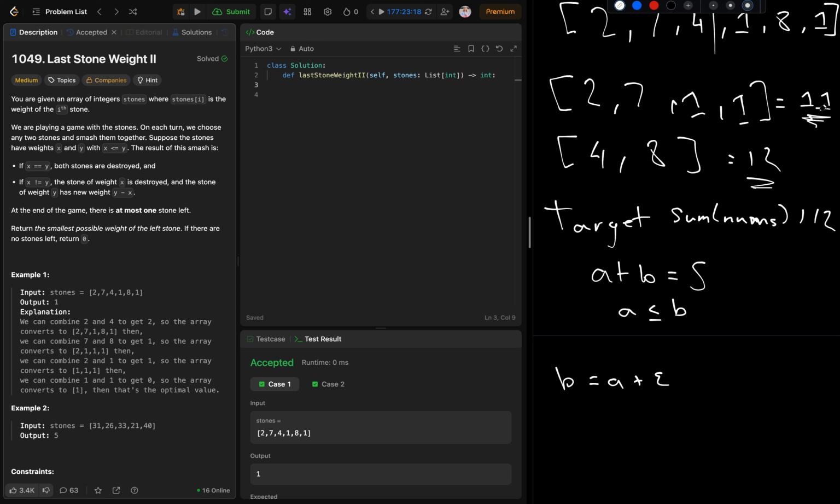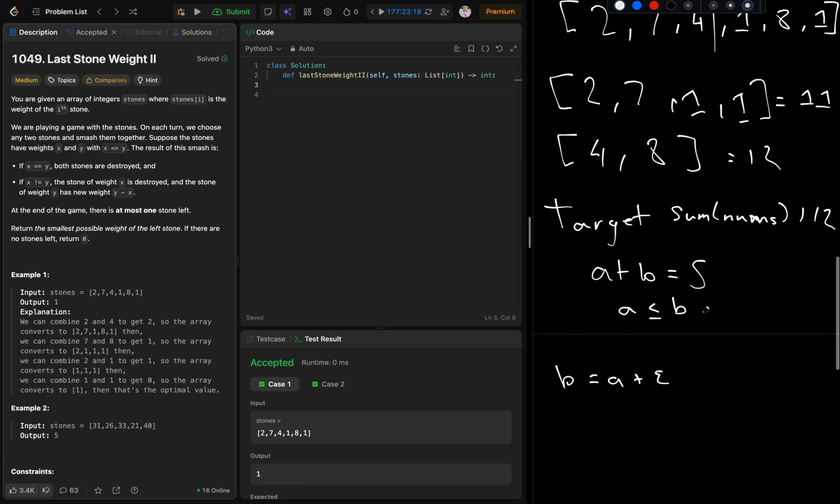Our b is essentially a plus a little bit. So we don't want to find this, because there's no guarantee that the remaining bit of the list is... actually, I think it would work. I'm not too sure, I have to think about it, but that's why we did the integer division. It's just rounded down.